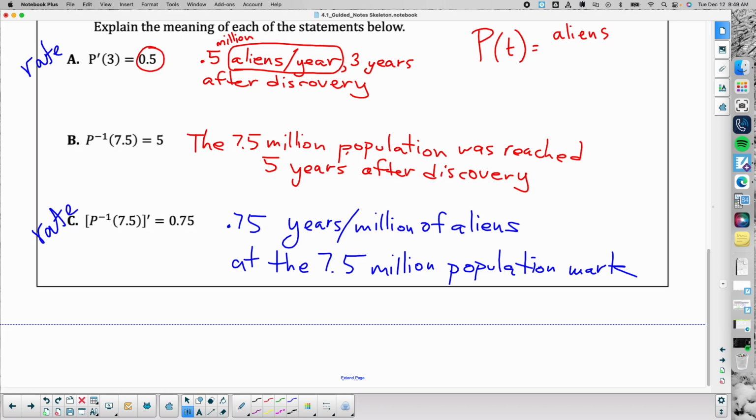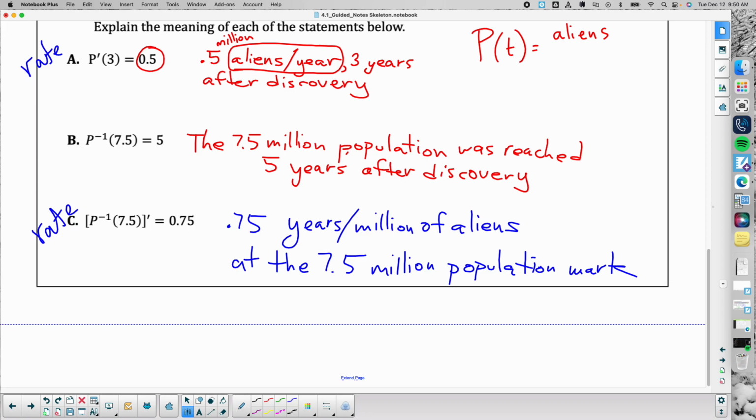The inverse, I don't want you to worry too much about. We don't focus on the inverse at all when we're doing our word problems, our related rates. You're not going to be asked to find the backwards information. Now, it's common and useful in certain situations, once you decide on a career.